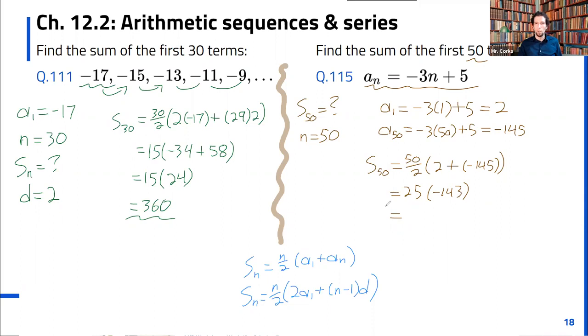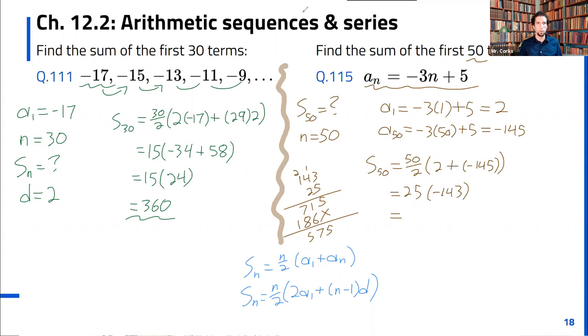250, yeah. But we can also just use our long multiplication, 1, 4, 3, times 25. 5 times 3 is 15, write 5, carry the 1.